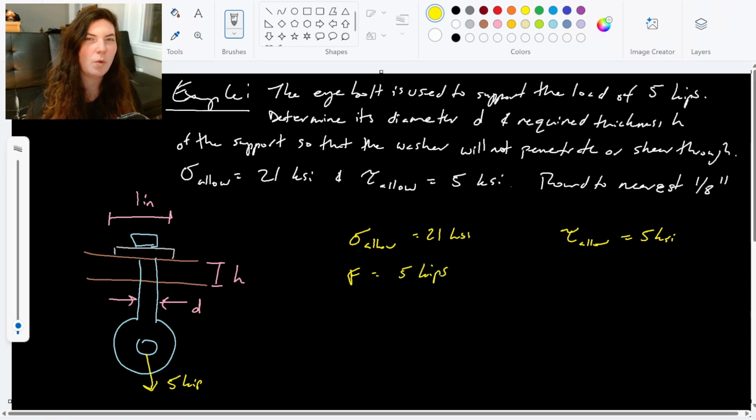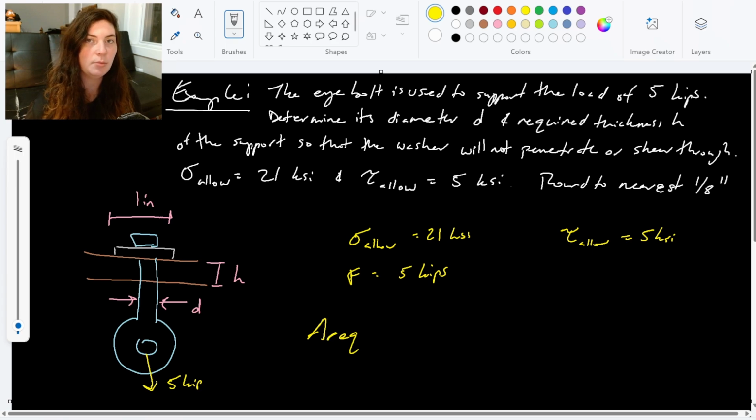If I'm thinking about how to approach this, I would go back and look at my equations, and knowing that I have to find diameter D and thickness H, I'm going to want my area. We can go back to our area required equation for normal stress.